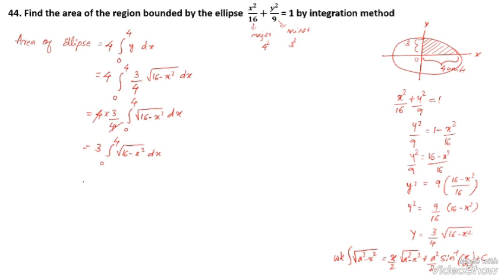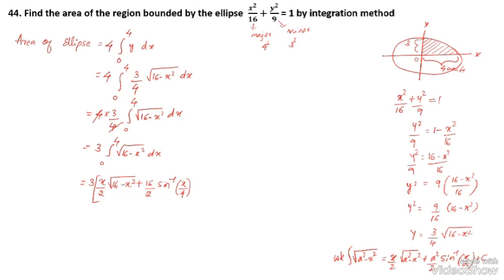So I can substitute in the integration, that is 3 into taking the direct result, x by 2 root of 16 minus x square plus a square, that is 16 by 2 sine inverse of x by a, that is 4.